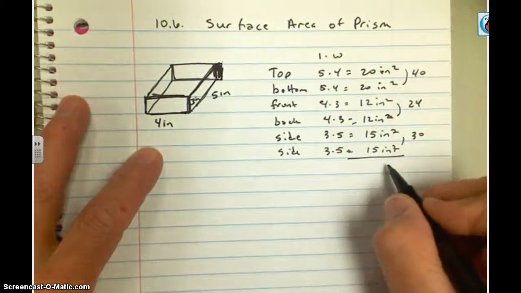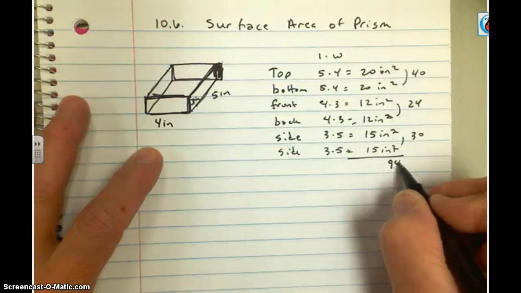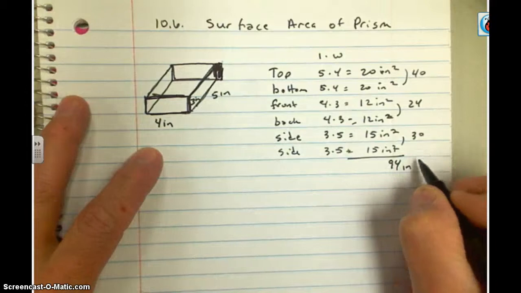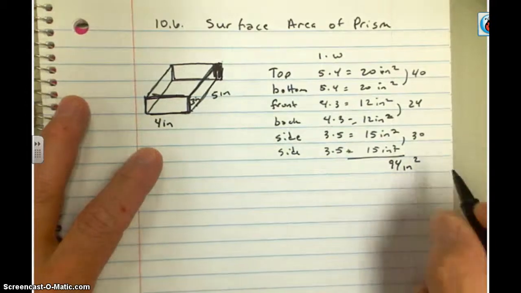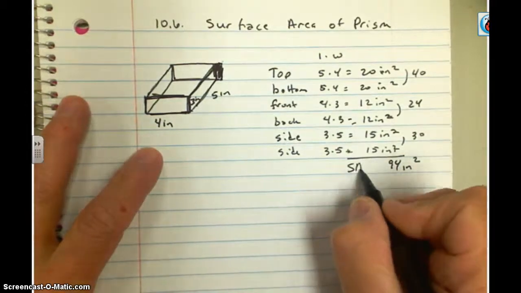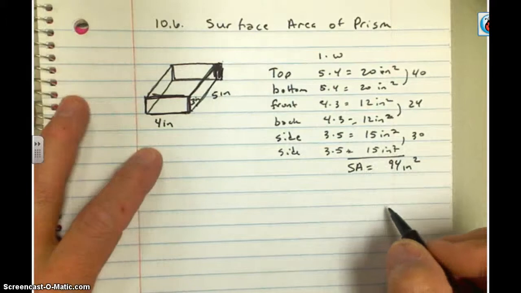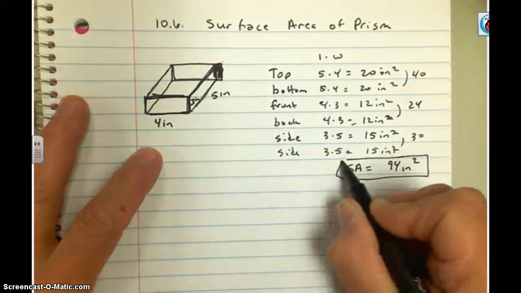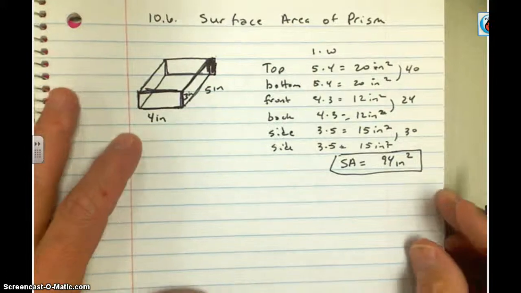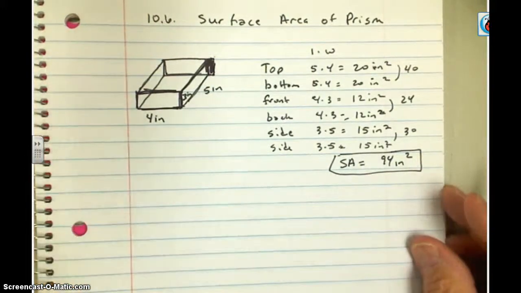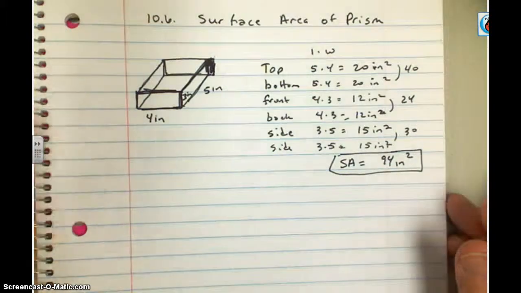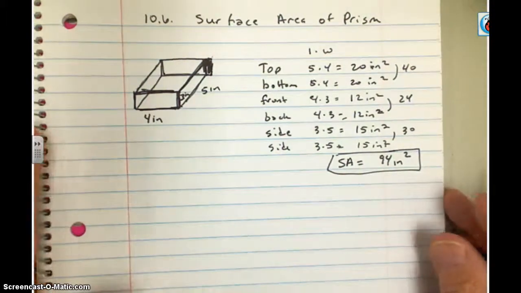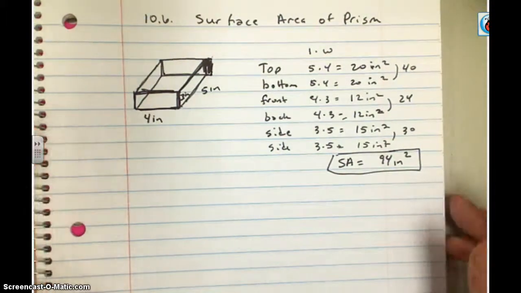So our surface area, SA, is 94 inches squared. We're really doing the same thing as adding up areas, adding up all the sides, with the top and bottom included.